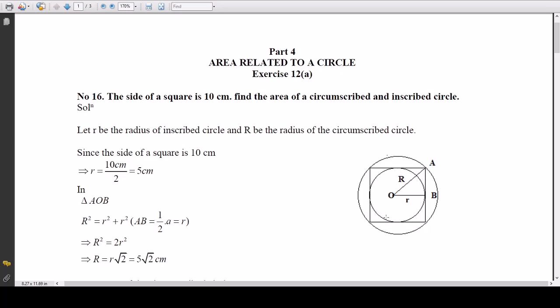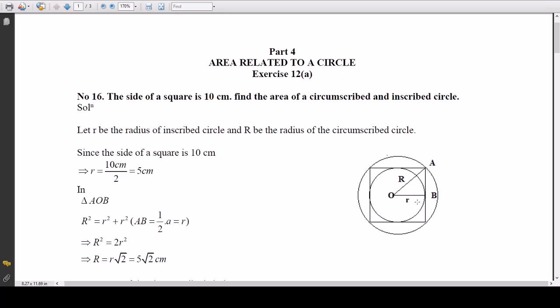Meaning the circle which touches the edges of a square is the inscribed circle, inside the square, and the circumscribed circle is a circle which touches the vertices of a square.